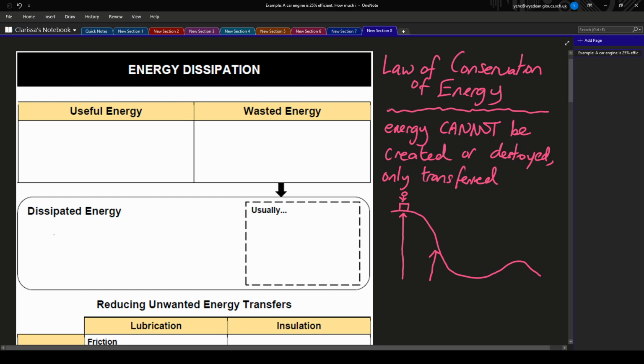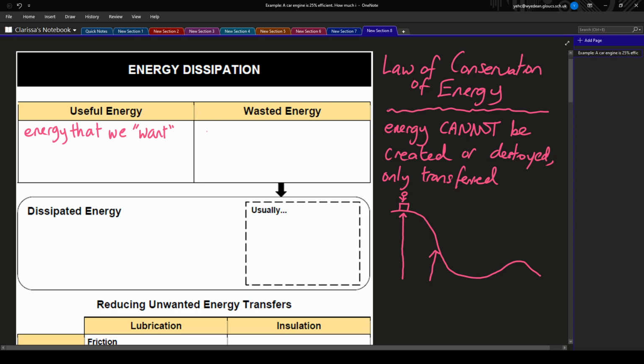You can define these concepts just by their names. Useful energy is energy that is useful, or energy that we want to have. A type of energy store that we want to have.